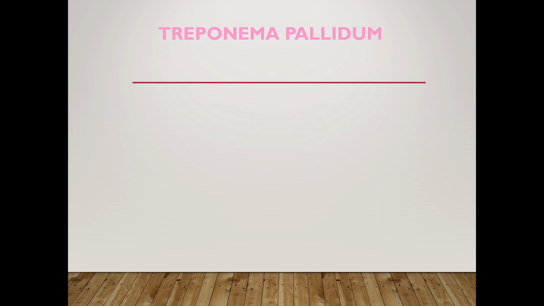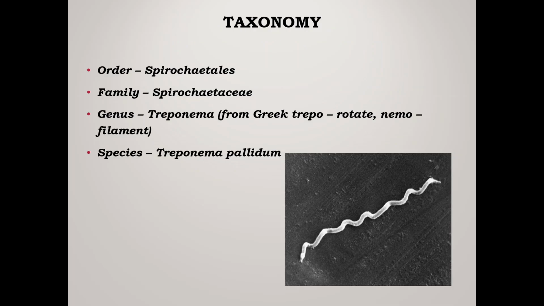Next, spirochetes: Treponema pallidum, the causative agent of syphilis. Taxonomy. Order Spirochaetales, family Spirochaetaceae, genus Treponema, from the Greek trepo, rotate, and nema, filament. Species Treponema pallidum.